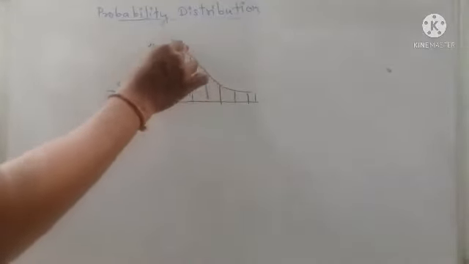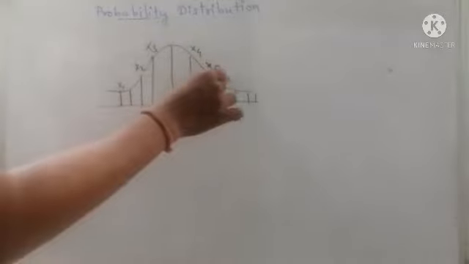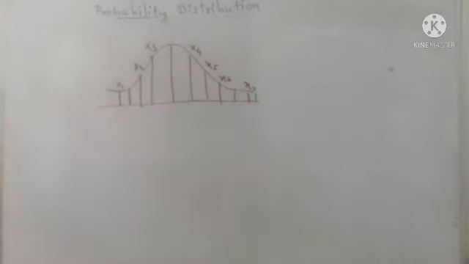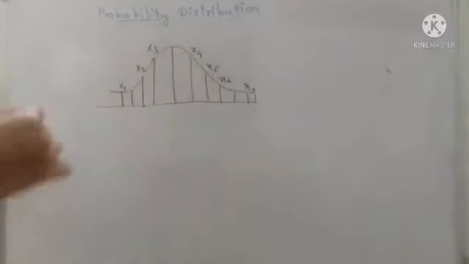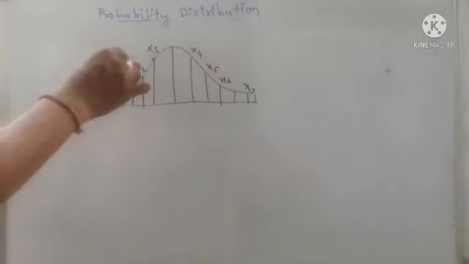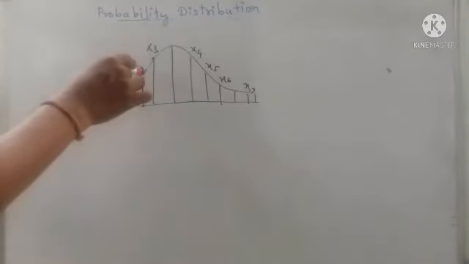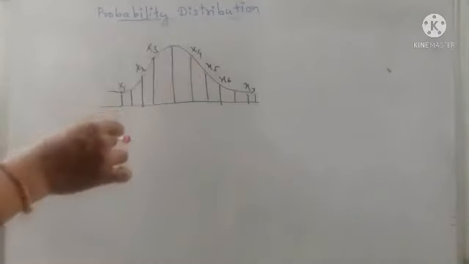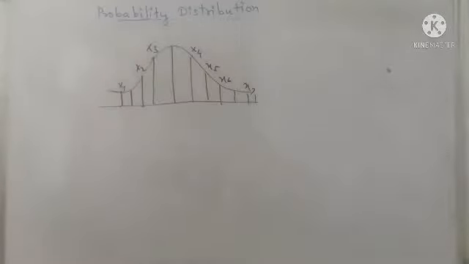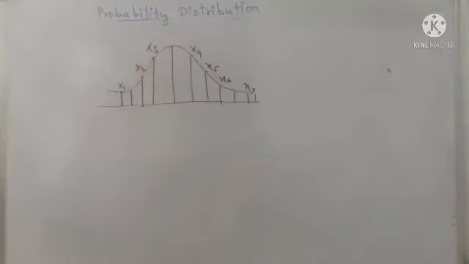Similarly we get here x4, x5, x6, x7. Now in this distribution there are 7 variables which are x1, x2, x3, x4, x5, x6, x7. Now you can compare between x3 and x4, the height is almost similar, but between x3 and x5 the height of x3 is more than x5.